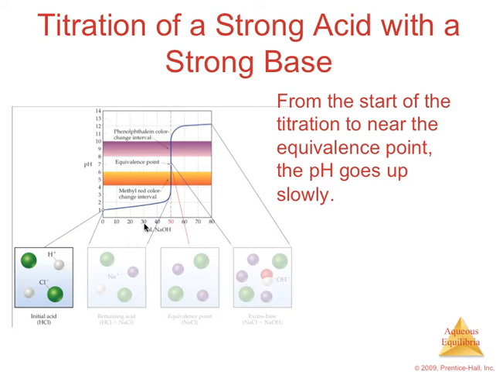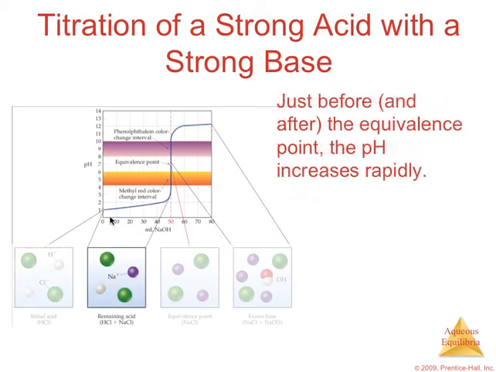Okay, so in the beginning we have this pH of 1. All I have in the solution at that point before I add any of the base is the strong acid. So I have hydronium and whatever the anion is, in this case chloride. As I start adding base, I'm going to have excess acid and the salt, because remember, acid plus base gives me salt plus water.